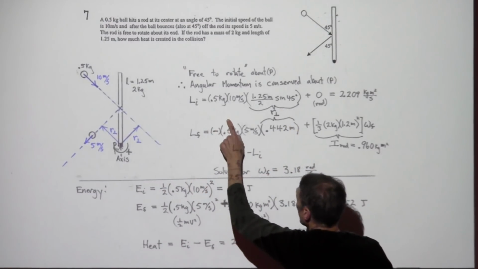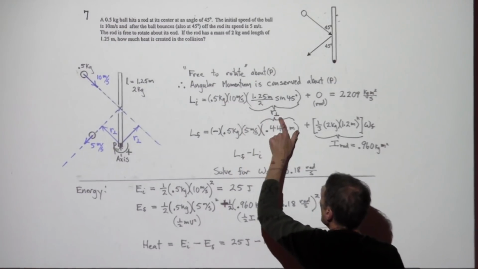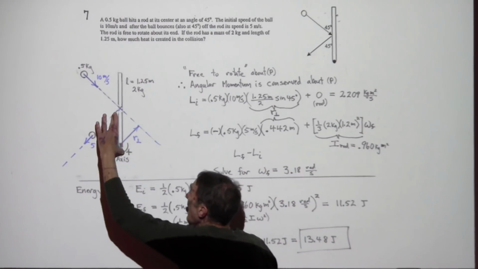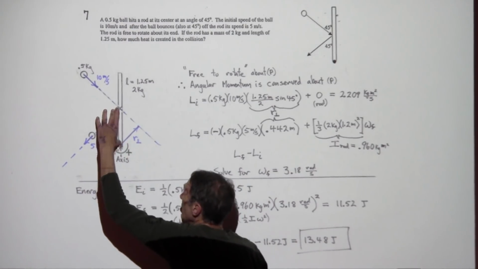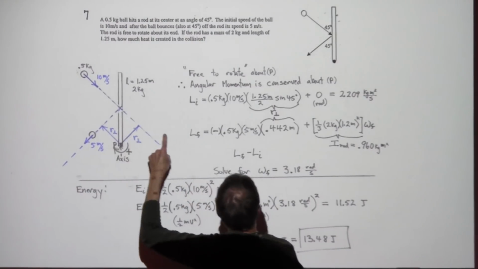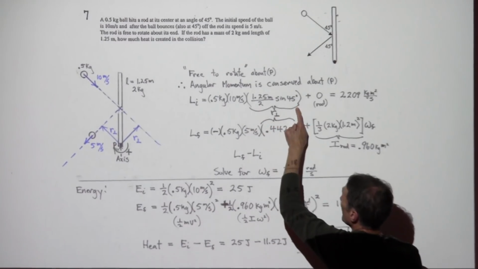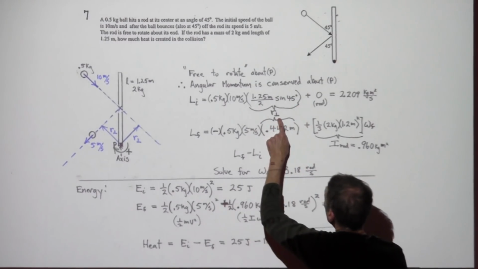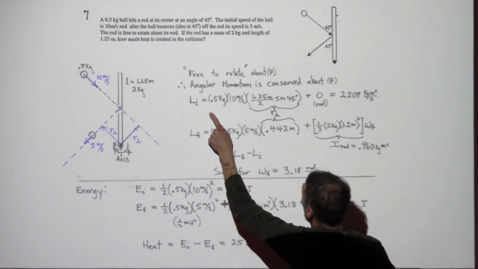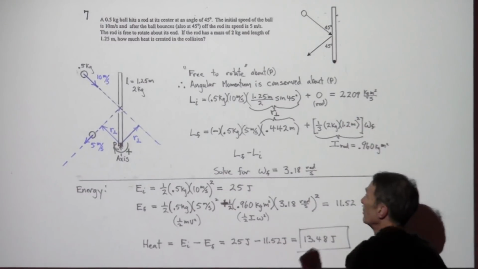And if you look at what we've got here, we've got the mass of the ball, its speed, times our perpendicular distance. That's going to be half the length of the stick, and this was a 45-degree angle, so half the stick times the sine of 45 is our perpendicular. The rod is not rotating, and so we have an angular momentum that's 0.22.